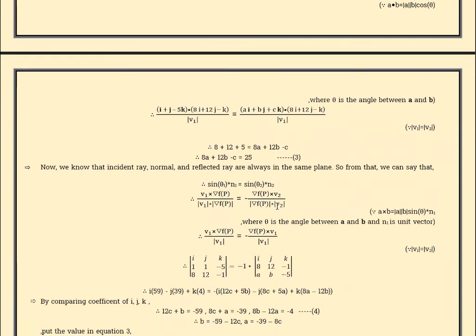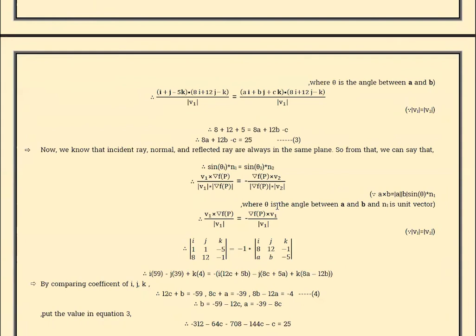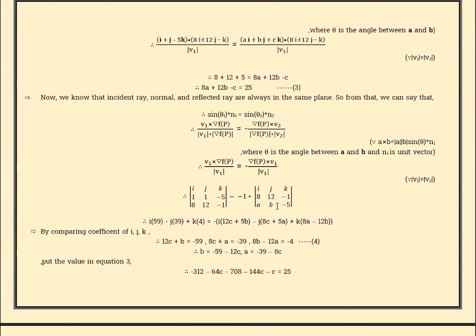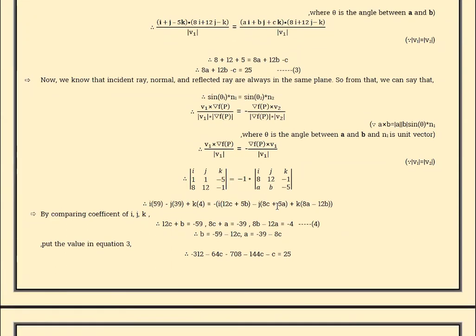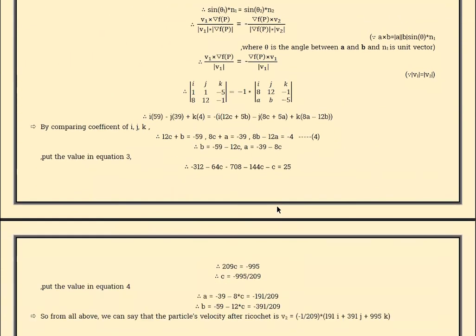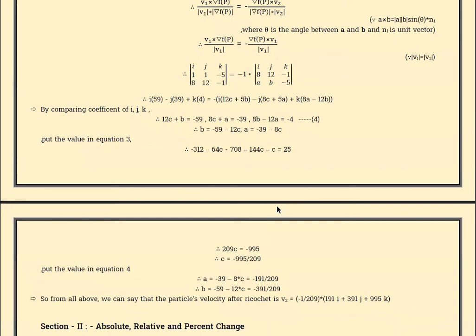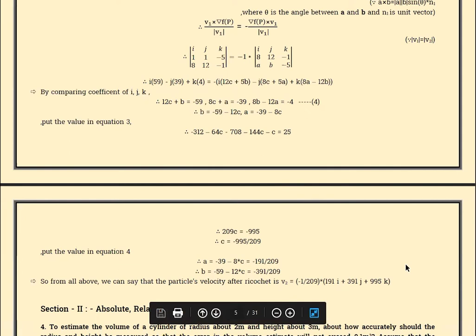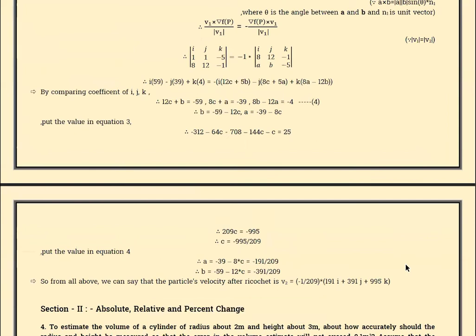Using this property, we get three equations like this, and using all four equations, we get the values of a, b, c, and that is the answer to our question: the particle velocity after reflection is minus 1 upon 209 times (1191i plus 391j plus 995k).